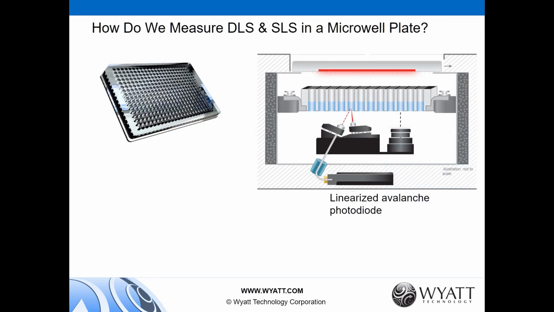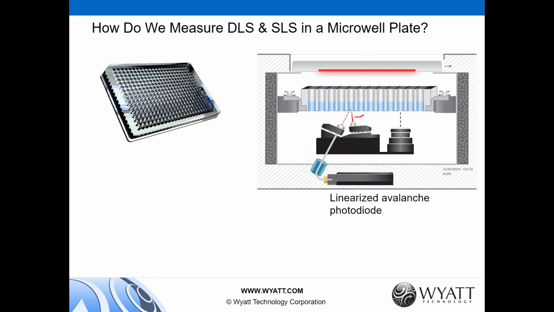So how do we measure the dynamic light scattering and static light scattering in the plate? Here's a view into the DynaPro plate reader, and we can say that we use standard plates and illuminate from below with a laser beam. The scattered light then comes back out the bottom of the plate, and it goes into an avalanche photodiode.